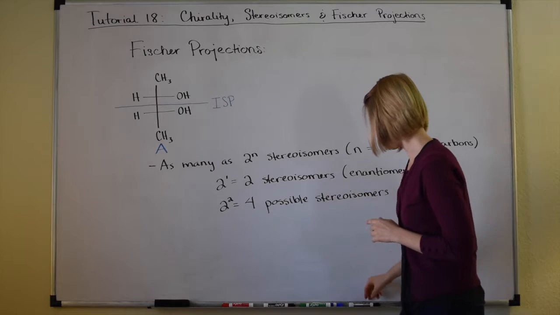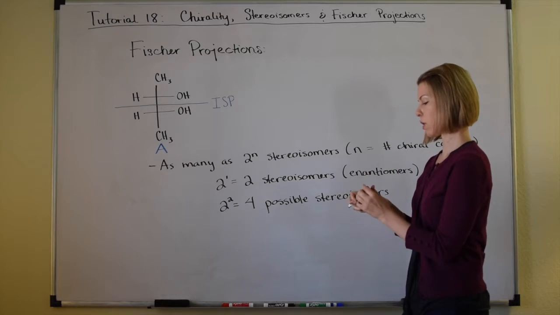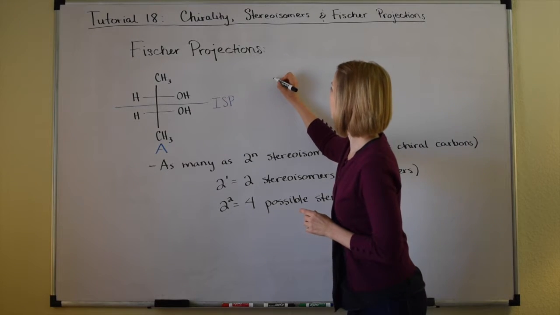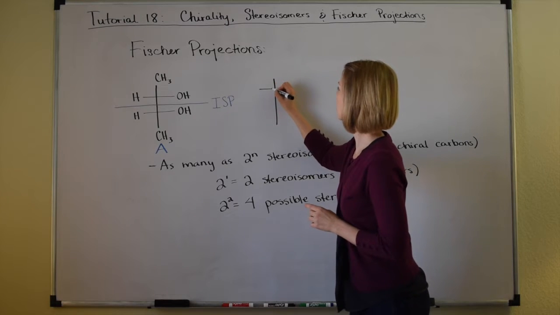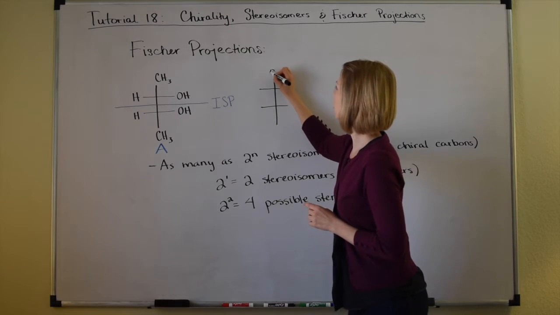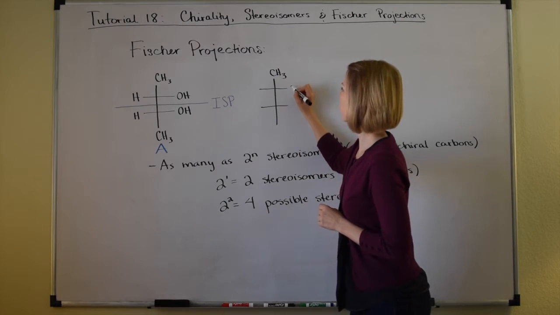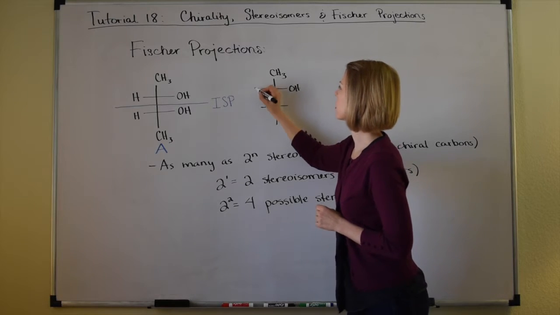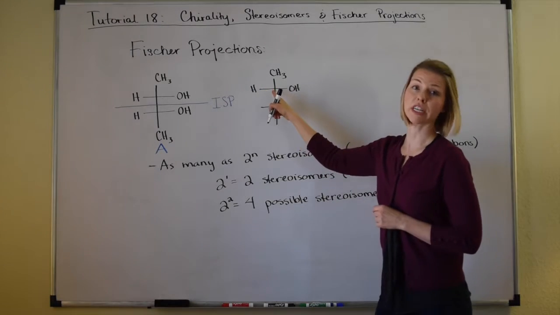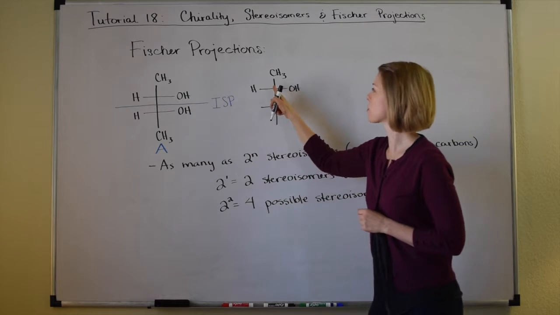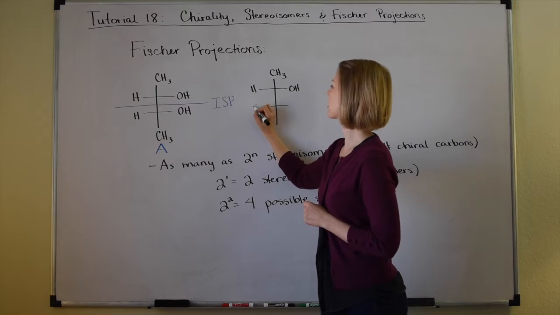Okay, so let's draw the stereoisomer where the first chiral carbon has the same orientation. Okay, so these are the same, but we're going to flip the second one.